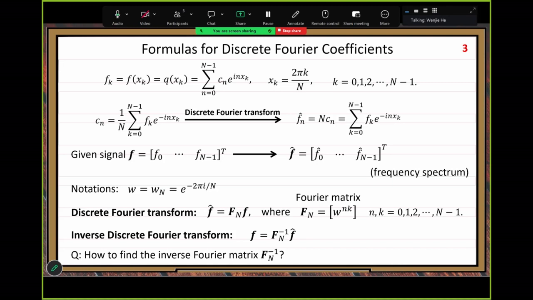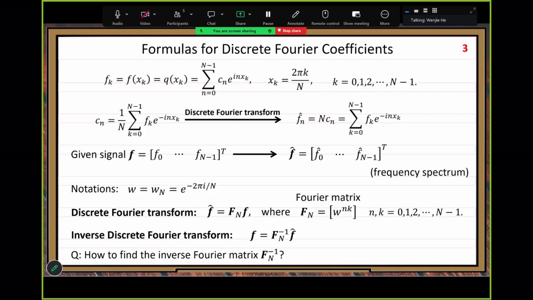So in this transform view, let's look at the data. How do we transform our original data? Our original data is a finite sequence. It's not an infinite sequence, right? So here we consider our data is a finite sequence of capital N data points.